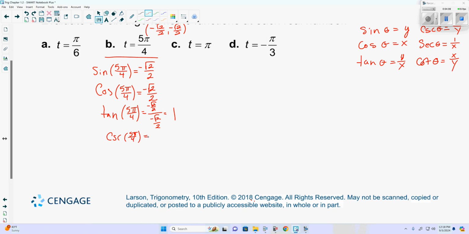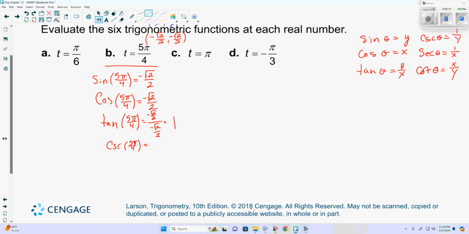Now we'll look at cosecant, CSC. Well, our cosecant is 1 over y. So we'd have 1 on top, and the y value is negative square root 2 over 2. Now at this point, we do need to simplify.